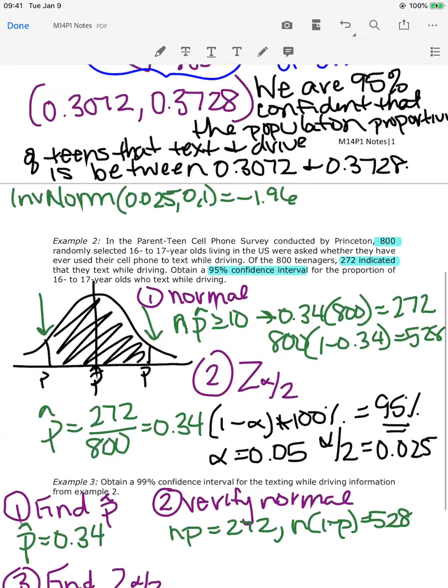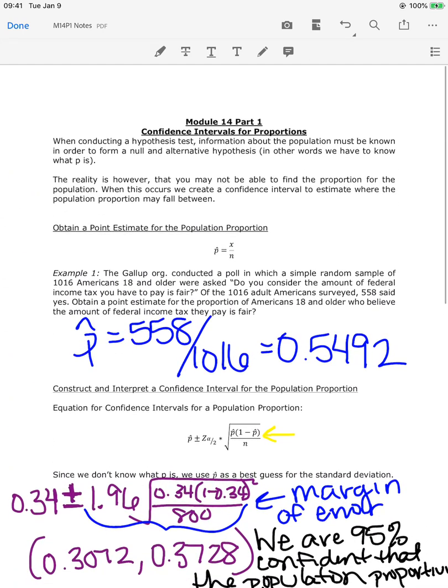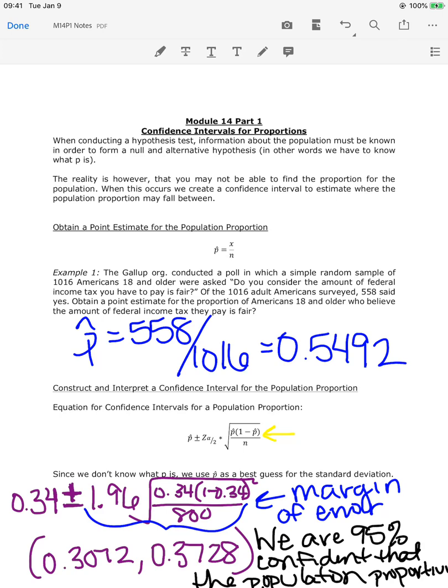Okay, so summary of confidence intervals. So we are creating a confidence interval because we don't have any information about the population proportion. There's no previous study that we can look at to say, are things different now from what they used to be? There is no what they used to be.